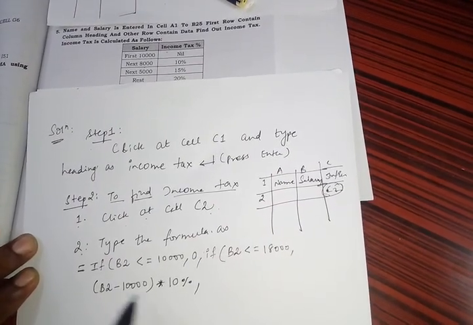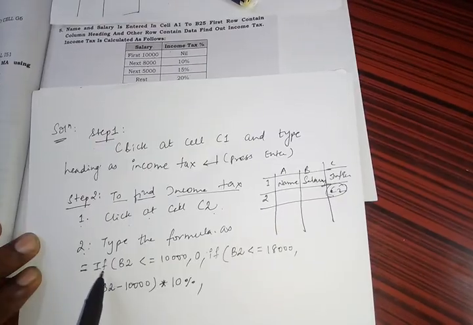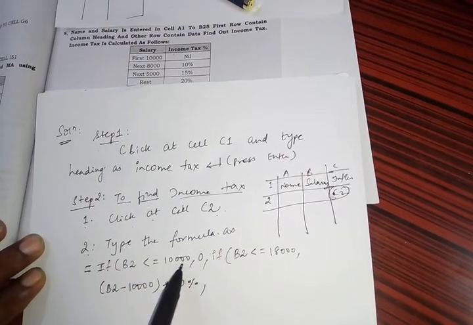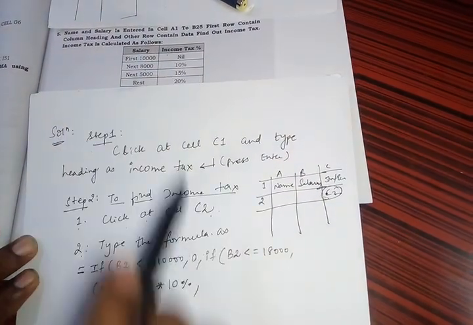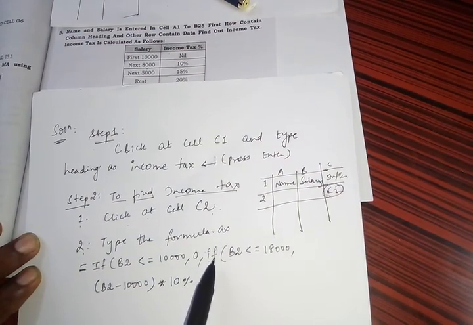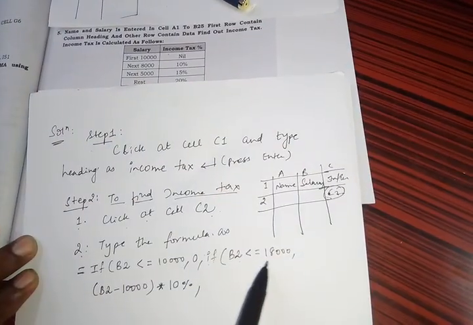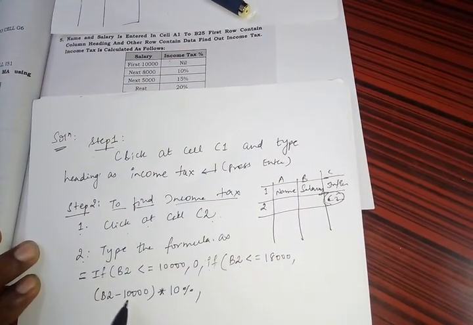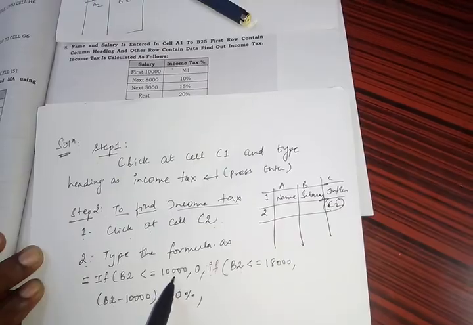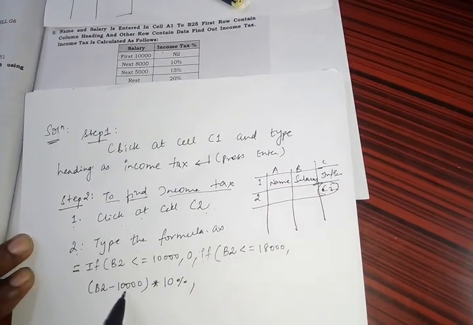I will explain in detail. I had written IF B2 is less than or equal to 10,000, so it is nil. Else if B2 is less than or equal to 18,000, then B2 minus 10,000, because 10,000 should be removed as there is no tax on it.